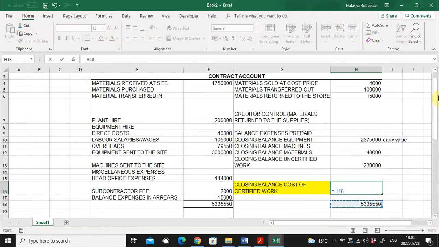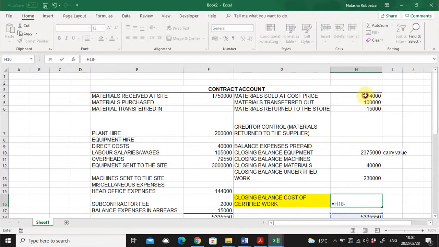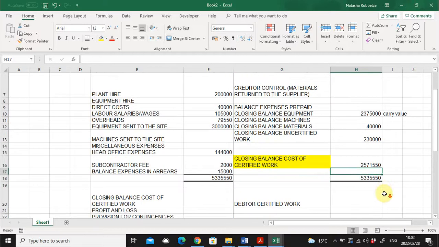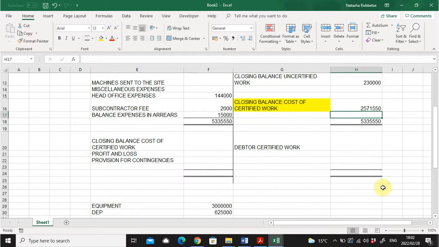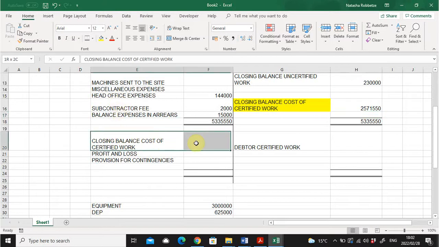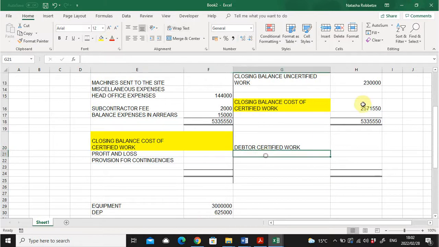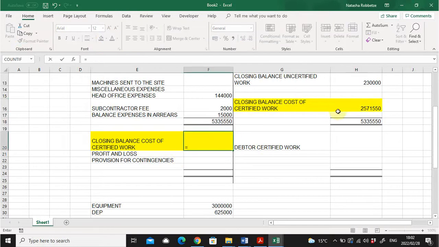So I'm going to take the total minus everything that I have on the credit side so that I can get to a balancing figure. And the balancing figure that I get to is 2,571,550. All right, so what is important to remember is that in the next portion of this calculation, we carry over our yellow balance here. So these two amounts will always be equal to one another.